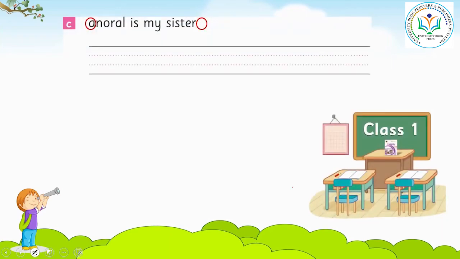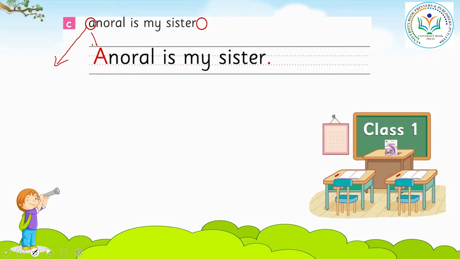Anoral is my sister. So where we have to capitalize the alphabet? That is the first alphabet of the first word of the sentence. So A will be capitalized.